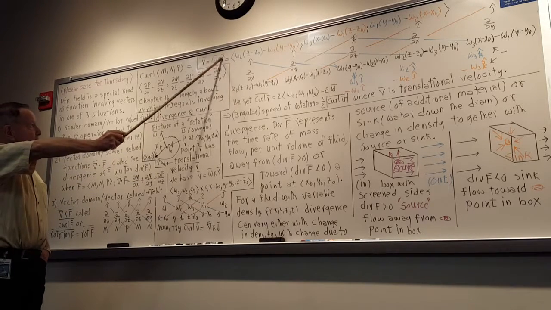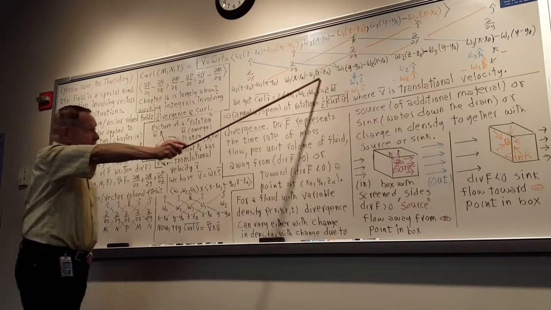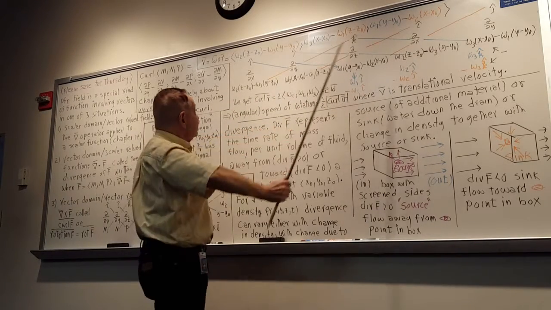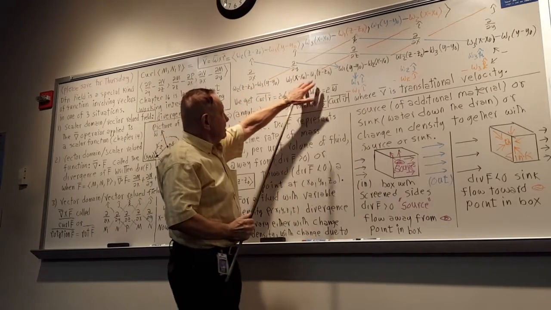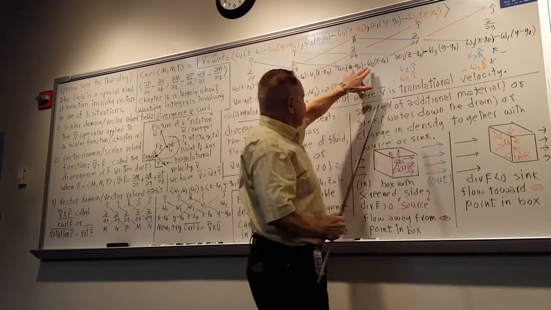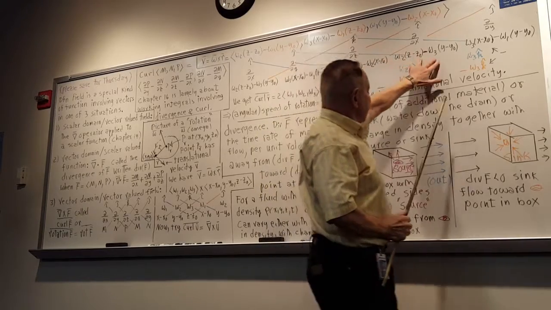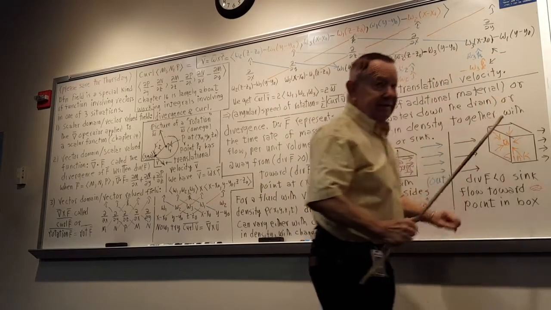And the omega cross R vector is this line. So here's what would be its X component, its Y component, its Z component, X and Y repeated.